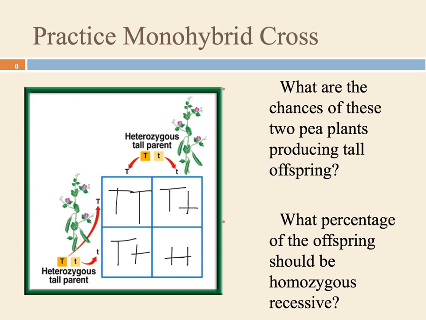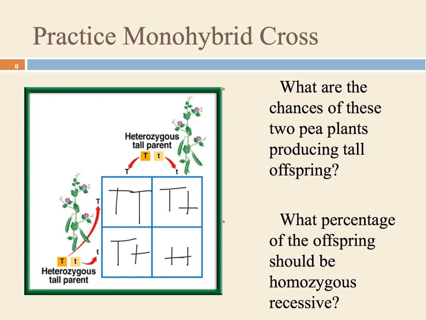So if you were asked to tell what's the chance that this crossing could create an individual that is short, you would say that it is 25%, because 1 out of 4 should be short, and then 3 out of 4 will be tall.